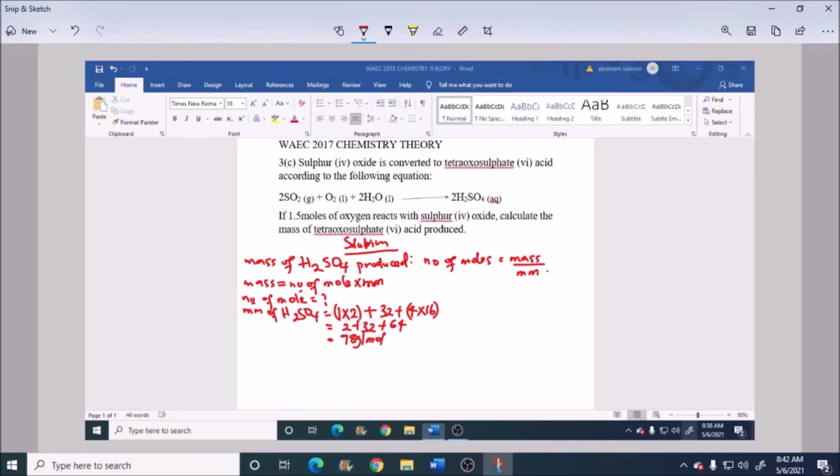That is the molar mass of hydrogen tetraoxosulfate(VI) acid.